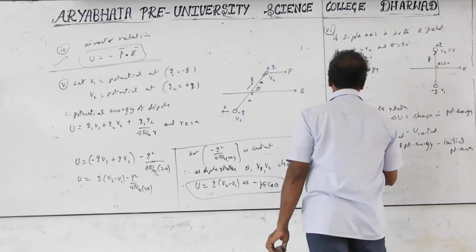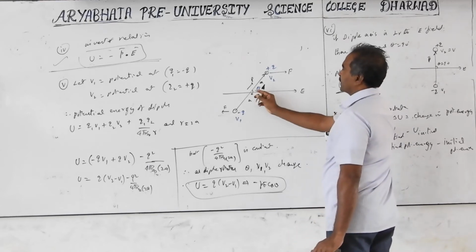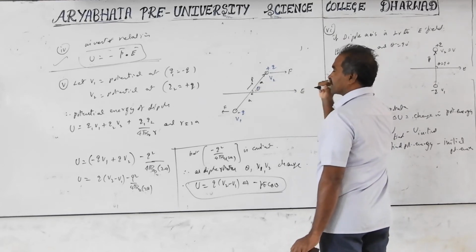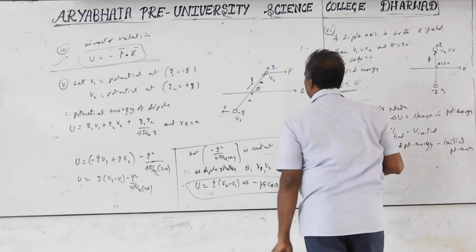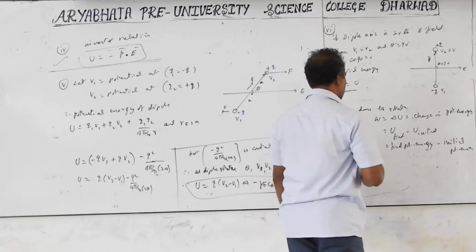What if you release it? If you are releasing the dipole from rest, then it starts rotating. In that case, at some particular angle theta, the potential energy is converted into kinetic energy. These terms are extra terms we will discuss.